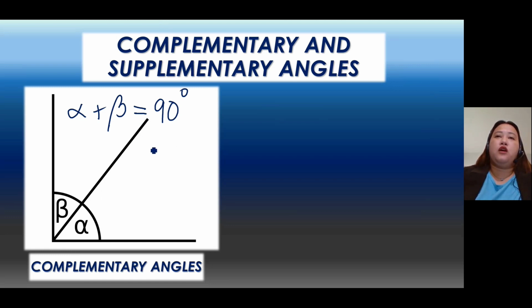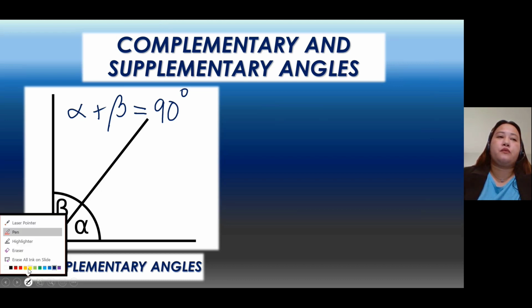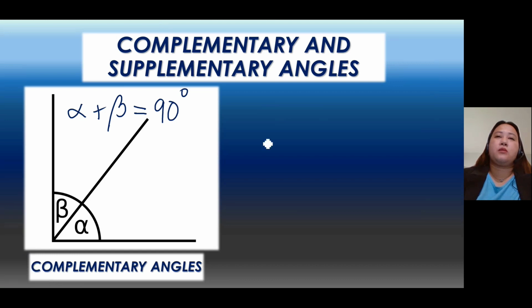So, for example, let us have an example here. You will be asked to find the complement, or what is the complementary angle of alpha that measures 70 degrees.